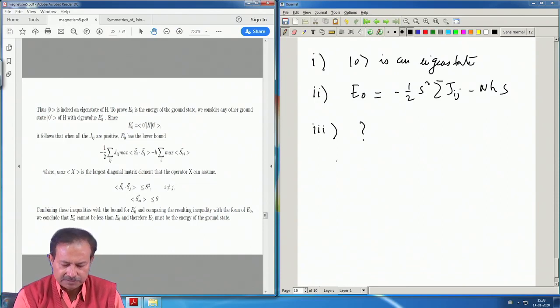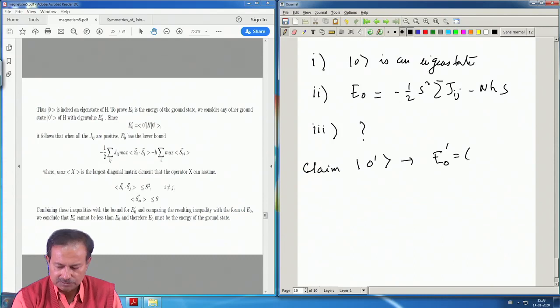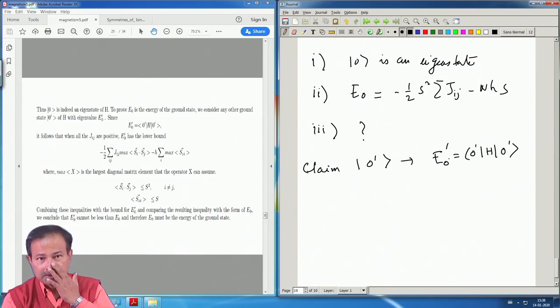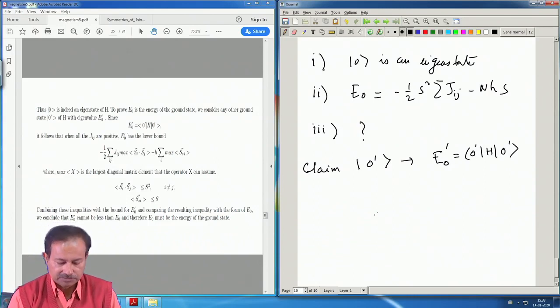So, let us just claim there is a state |0'> whose energy is lower than E_0. So E_0' equal to <0'|H|0'>; I want to show whether this is lower than E_0.